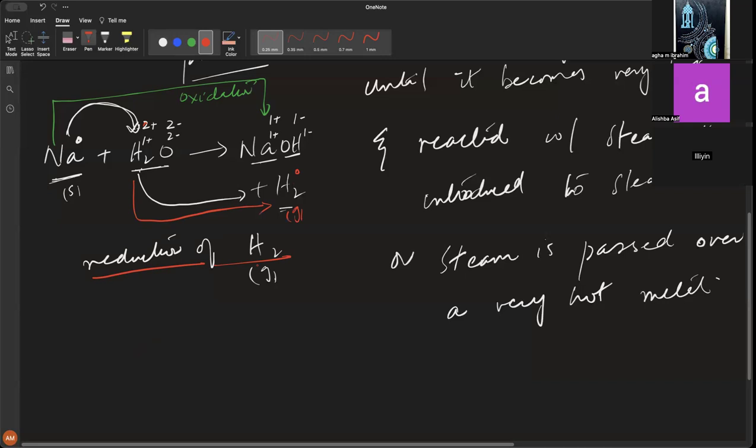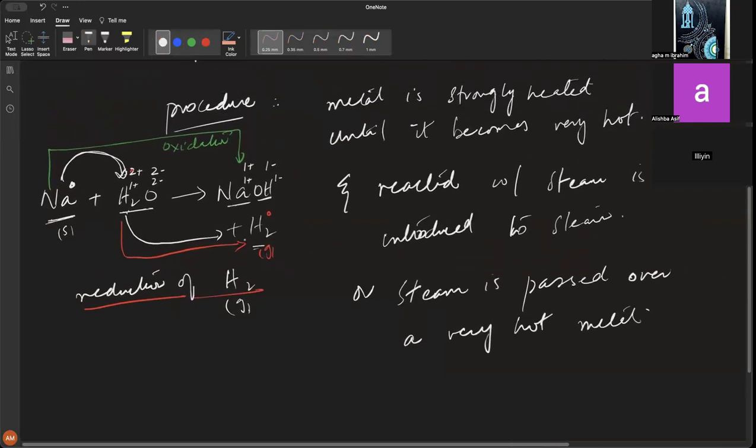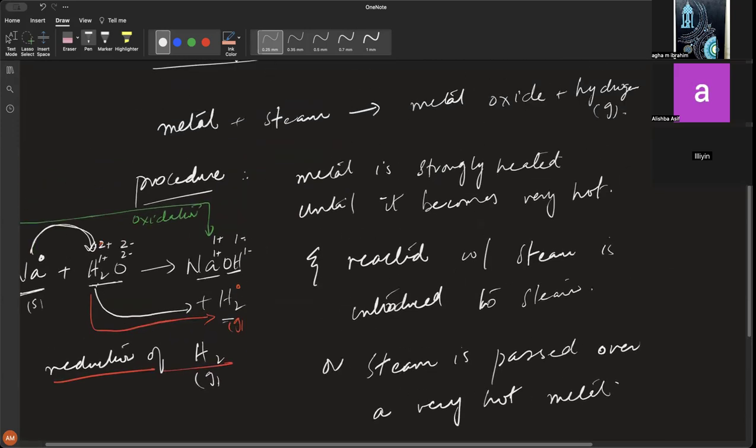So overall, this reaction is a redox reaction. I want you to understand something very important over here. All of these metals are above hydrogen. That is why they are able to react. Some of them are closer to hydrogen in the reactivity series.